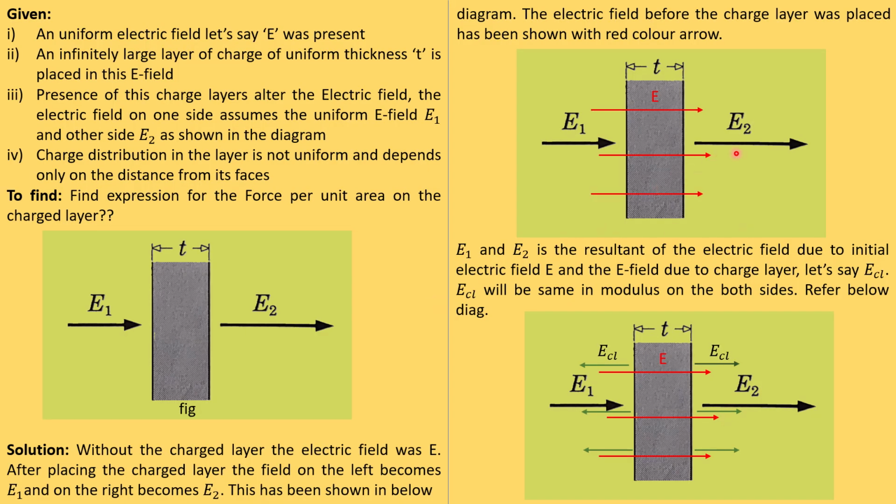So as per question, what was there? There was uniform electric field E shown as a red color in this diagram. This charge layer was not present initially, and this charge layer is infinitely large.